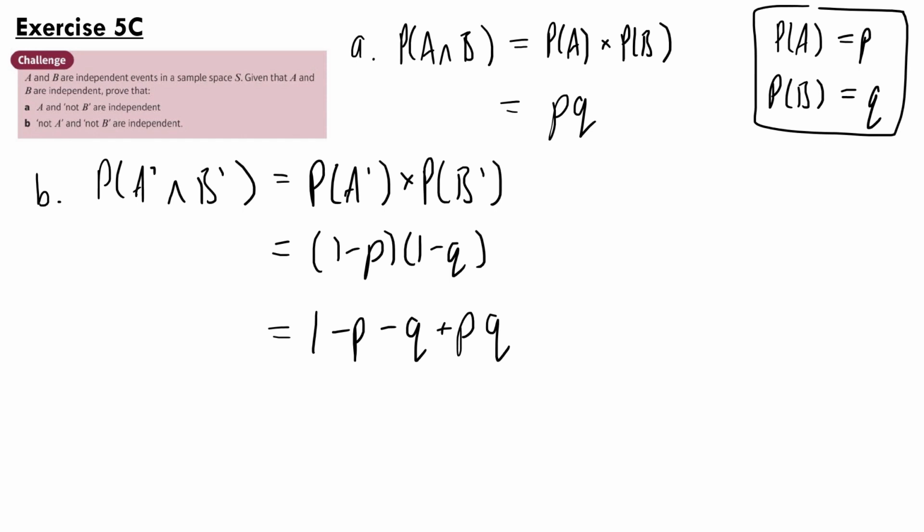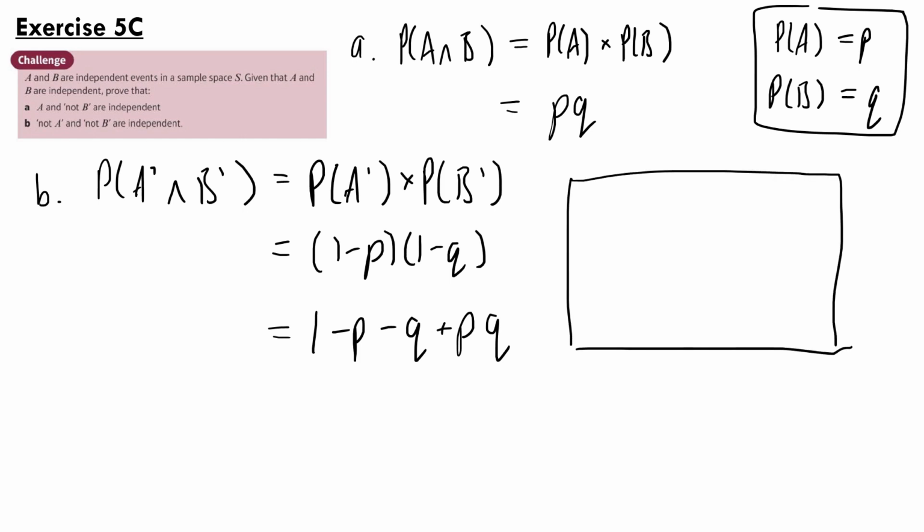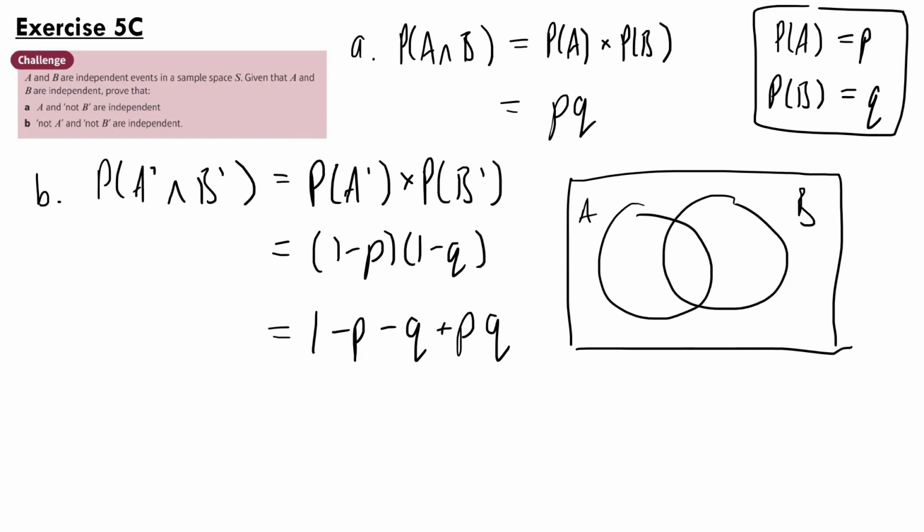So again, we need to find the probability of not A intersection not B in a different way, and we'll do that using a Venn diagram. So if we have A here and B here, if I shade in not A in red again, so that's everything but A, and then everything but B in green.